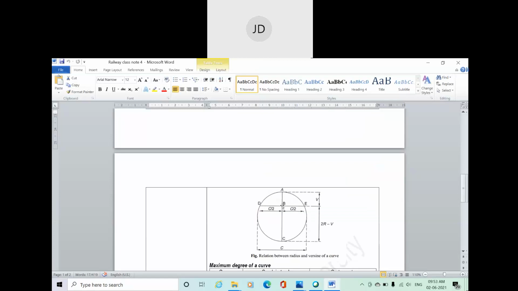So AB is your versine. Suppose somewhere here will be a radius, radius is r, so the diameter of this circle will be twice r. And suppose the long chord DE has length C, and radius is r.